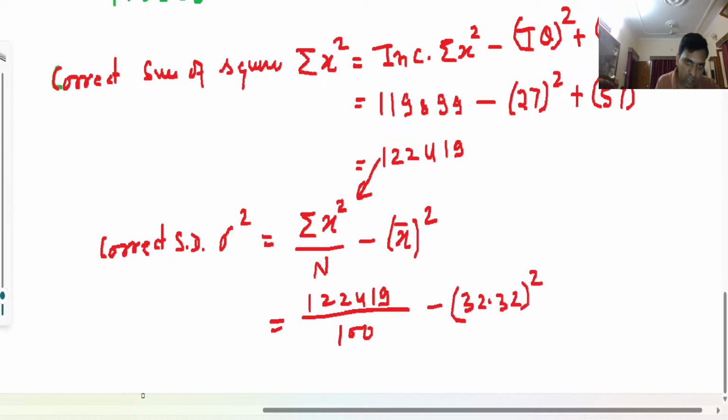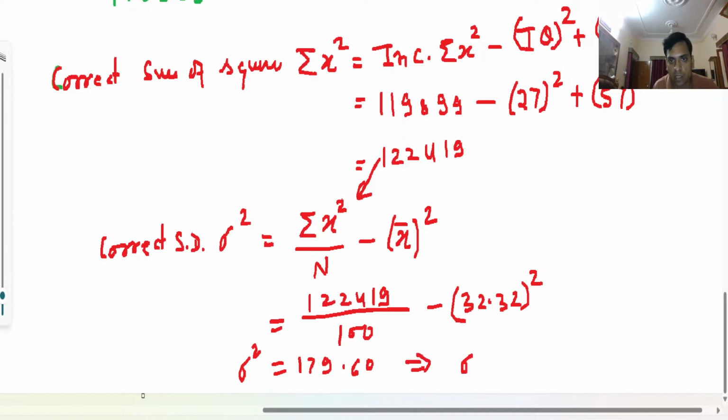So this quantity is 1224.19 minus 32.32 into 32.32. So this is 179.60. This is the variance, but your question is for standard deviation, so we will find its under root.